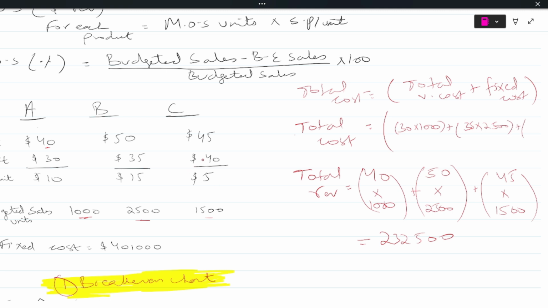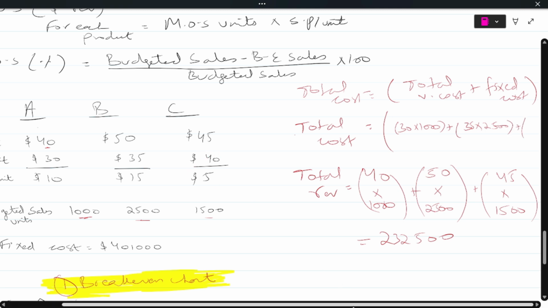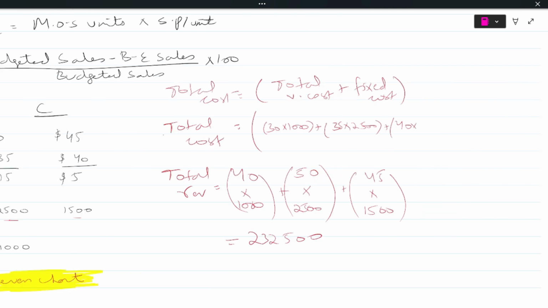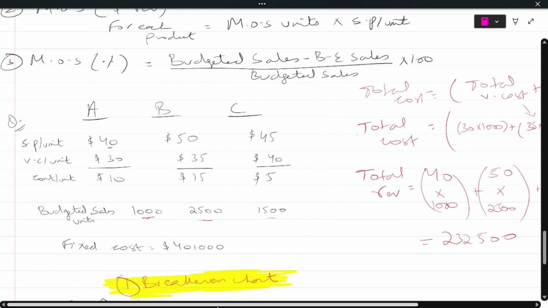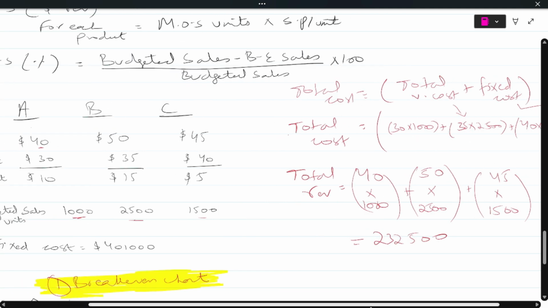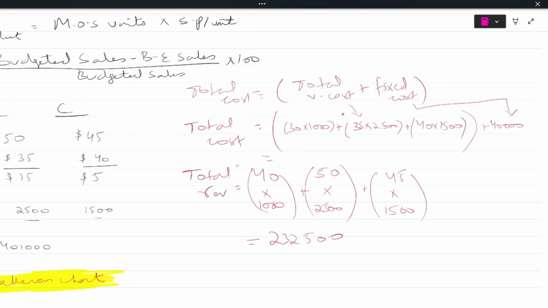Plus the variable cost for product C is 40 times 1500. This is going to give us our total variable cost, right? And then we'll have to add the fixed cost into it to get the total cost. The fixed cost is going to be 40,000, as you guys can see, right? Okay. So if you do this on your calculator, you will have your total cost.